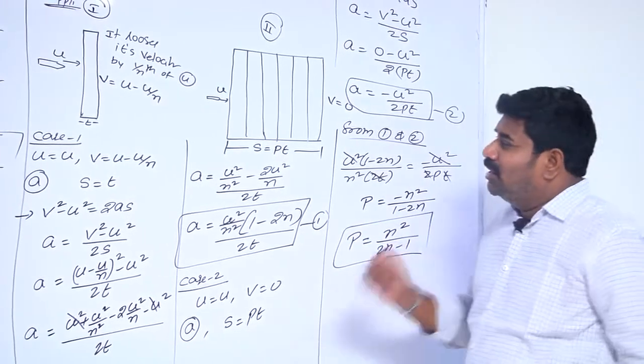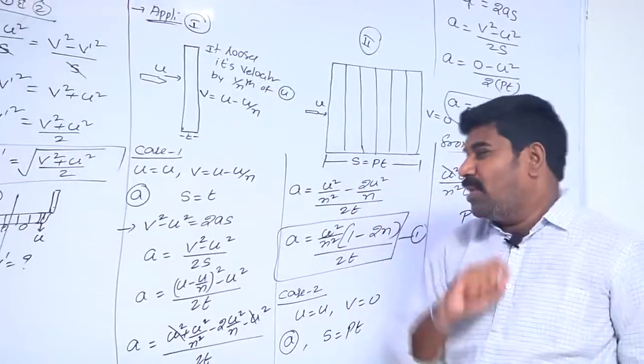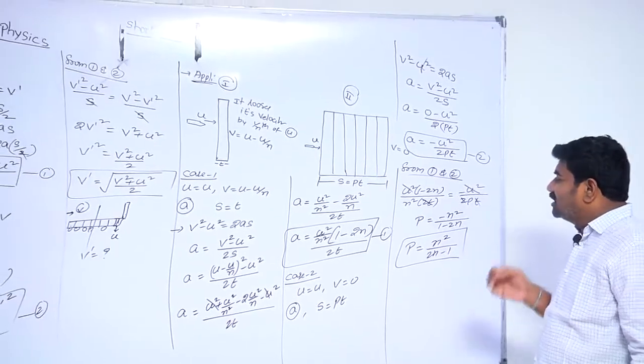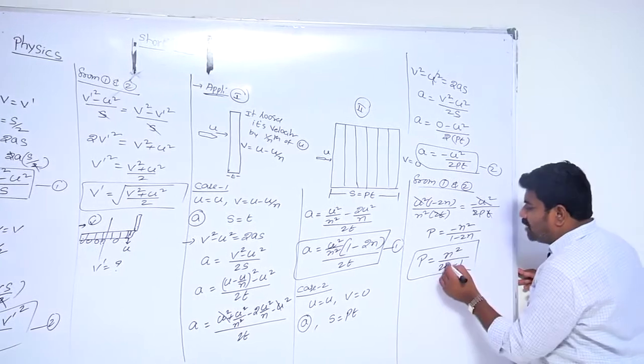So if it loses 1 by nth of its initial velocity after passing through a single plank, the number of planks required is n square by 2n minus 1.